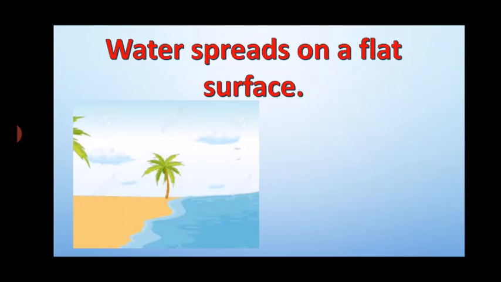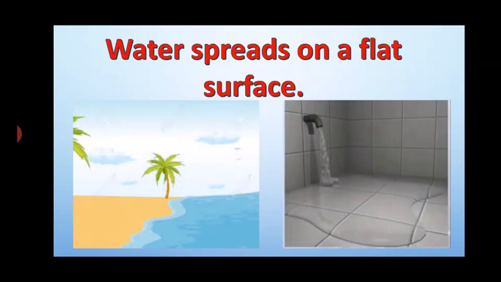So water spreads on that flat surface, isn't it? Look here, water is falling from the pipe, but it is spreading on the floor. So water has got one more quality: when you spill it, when you pour it out, it spreads on a flat surface.